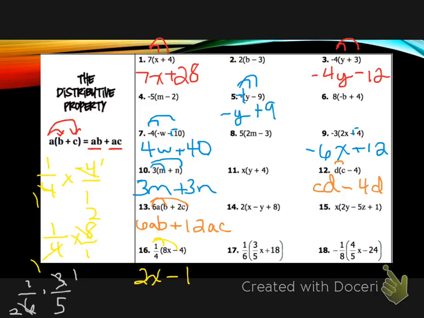And then you can just multiply straight across. 1 times 1 is 1, 2 times 5 is 10. So we're going to end up with 1/10 x. And then 18 times 1/6, well, 6 goes into 18 three times, so that's going to be a 3 right there.